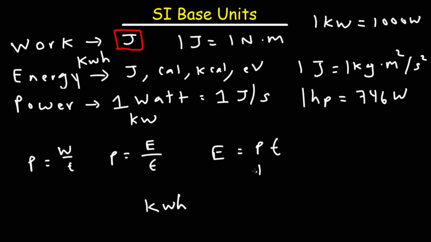So the power can be in kilowatts. Hours is a unit of time. When you multiply power by time, you get energy. Therefore, the kilowatt hour is a unit of energy and not power. So make sure you understand that difference. If you see kilowatt hours, that is a unit of energy. If you see kilowatts, it's a unit of power.